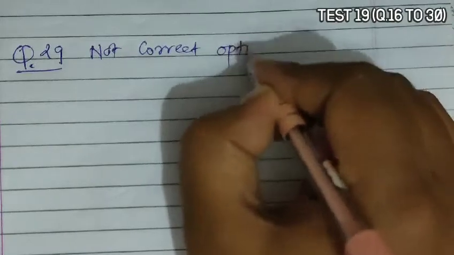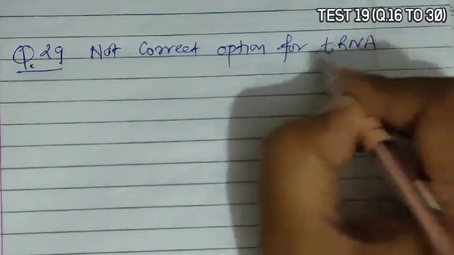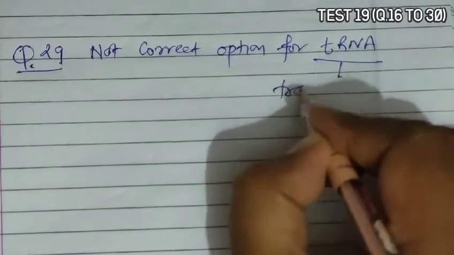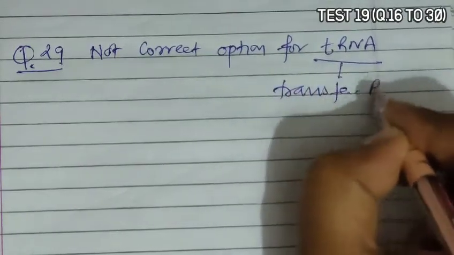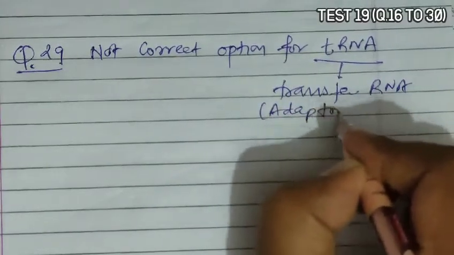Question 29 asks which of the following is not a correct option for tRNA. Now tRNA is a transfer RNA and it is also known as adapter molecule.